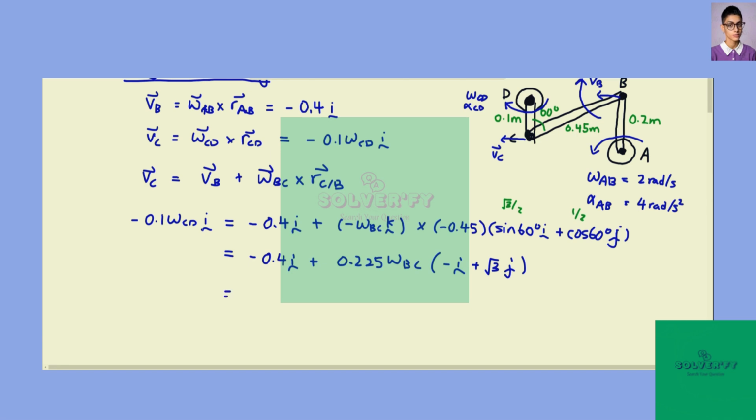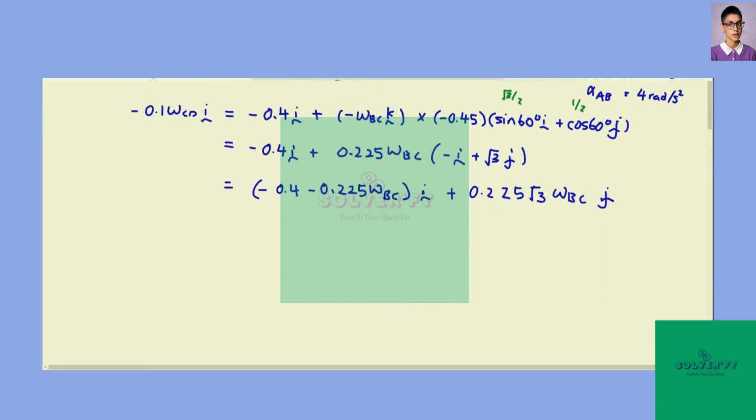Then we group the terms. This is the i component, and this is the j component. Now we can compare components on both sides.